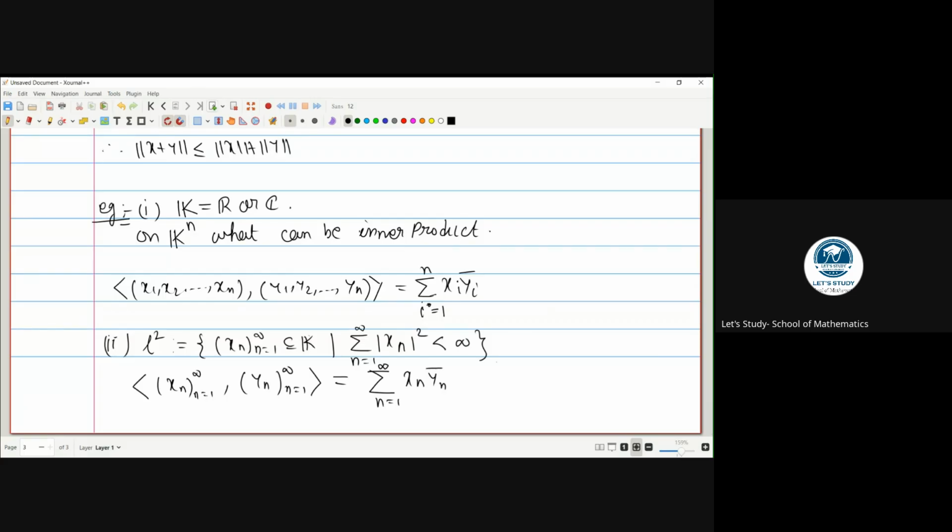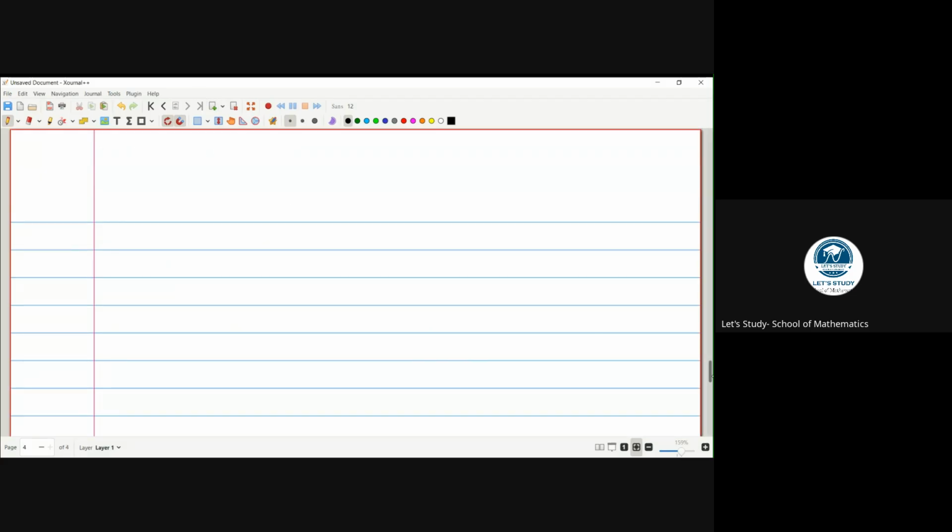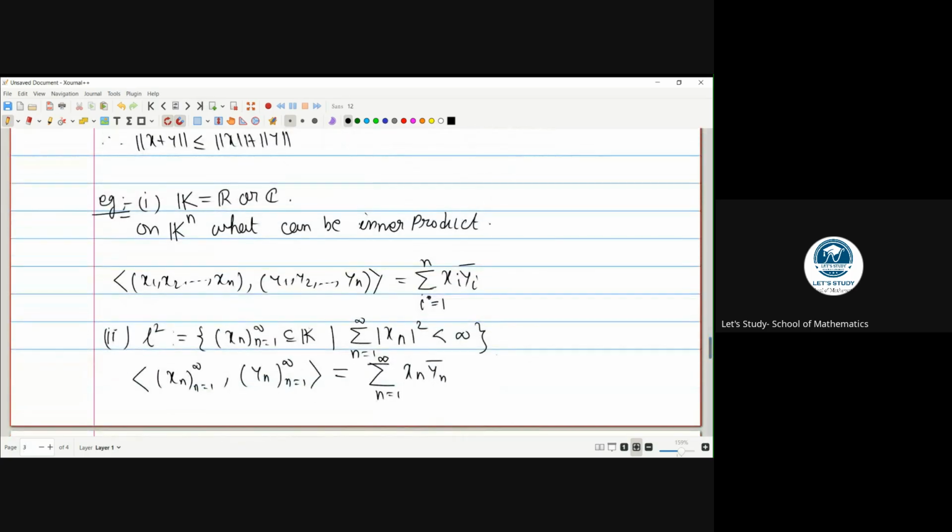I am defining the inner product of two sequences in this way, taking the summation of the product of xn and the conjugate of yn. So can anyone say why this sum will converge?